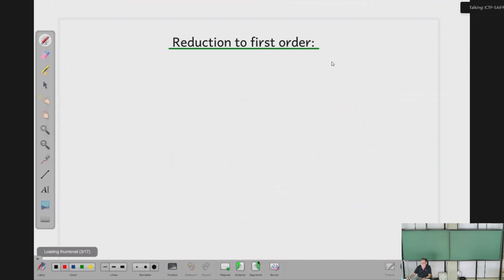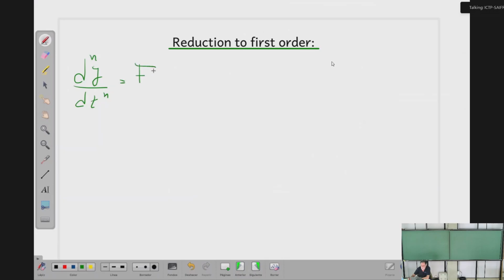Now we are going to put our equations in a normal setting, in a standard setting, so that we can treat all of them in the same way. And this is the following. Suppose we have our equation. Let's use x. I sometimes use x, sometimes I use y. We have our equation.